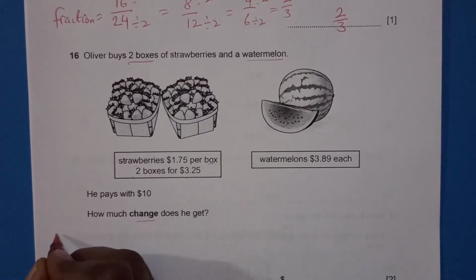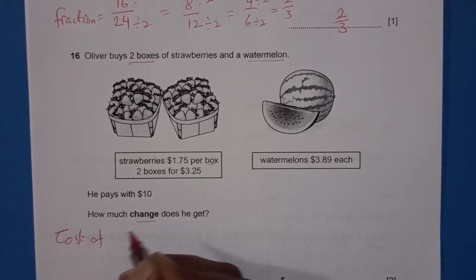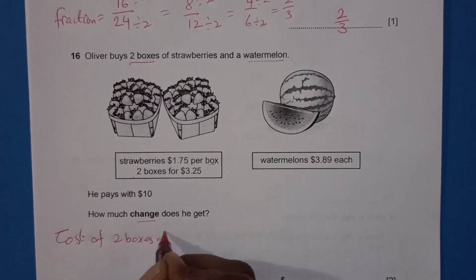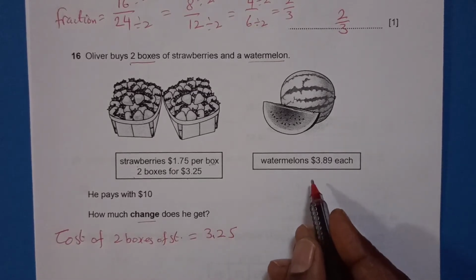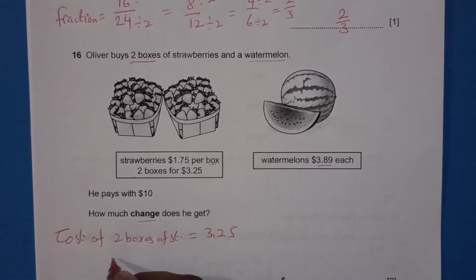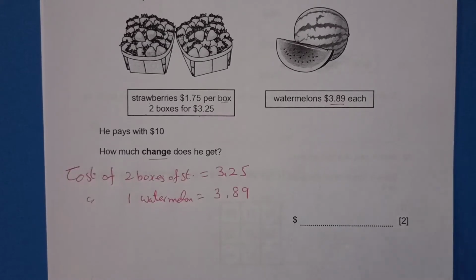So the cost of 2 boxes of strawberry is 3.25, and he added 1 watermelon, and the cost of 1 watermelon is 3.89.